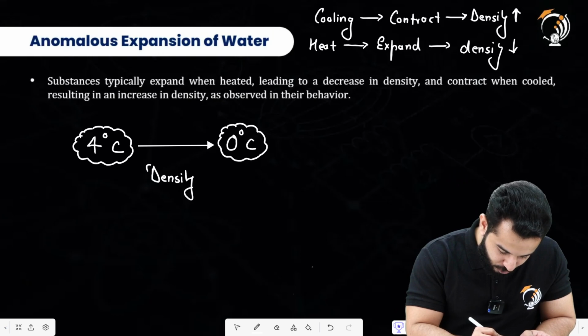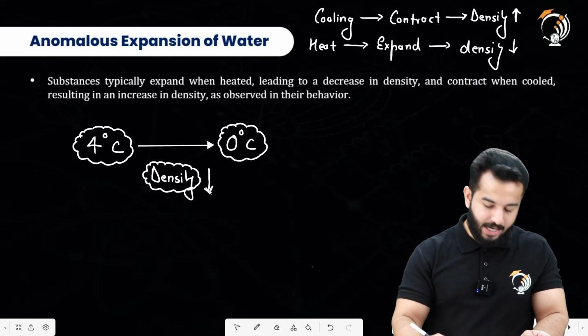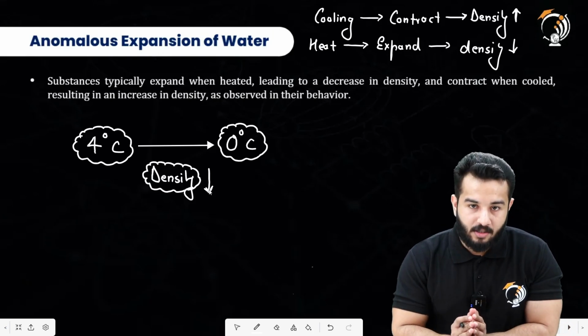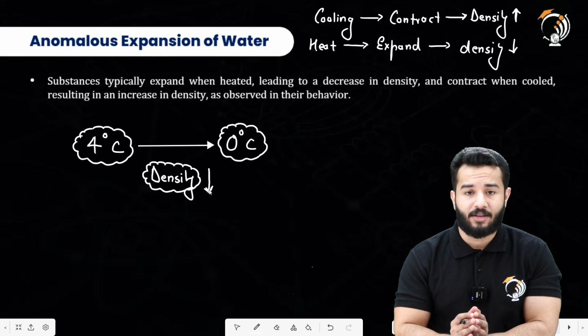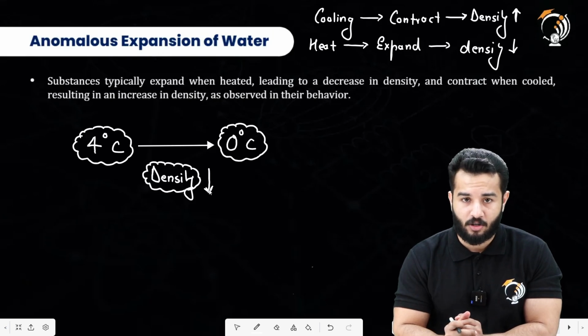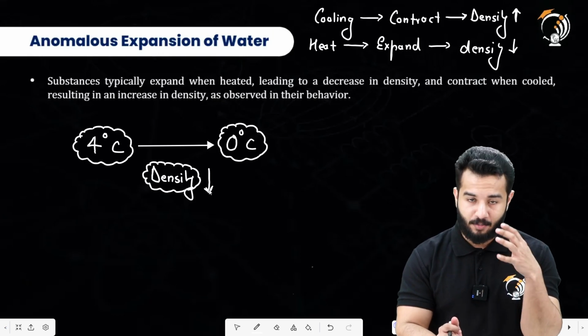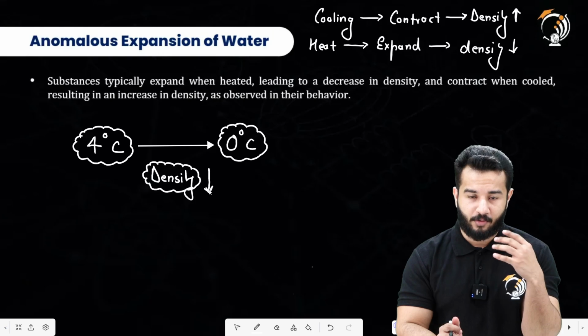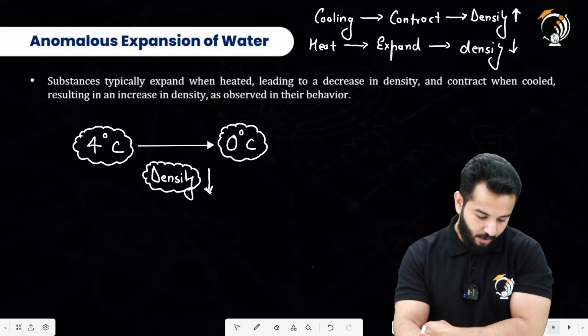Its density actually decreases, right? And this is a very important phenomenon, because of which marine life can sustain on earth. We talked about this in the last class as well, but because we are now in this chapter talking about expansion, this is again very important.